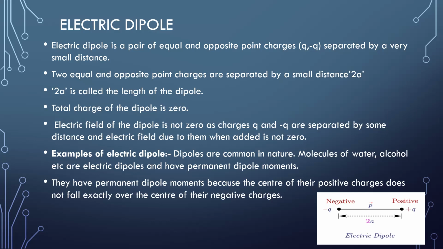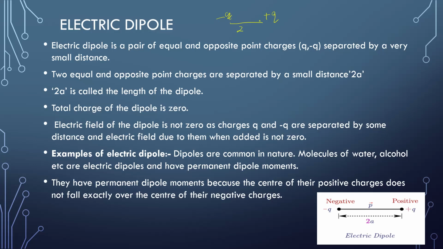What is an electric dipole? An electric dipole is a pair of equal and opposite point charges, let us say q and minus q, separated by a very small distance. Let us say this is minus q charge here and this is plus q charge here.